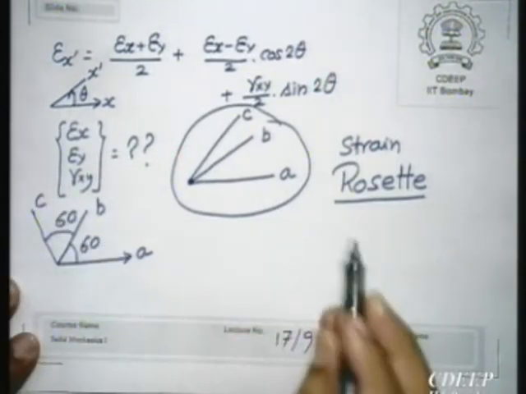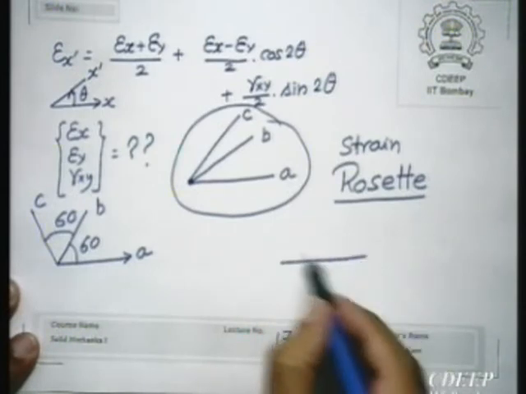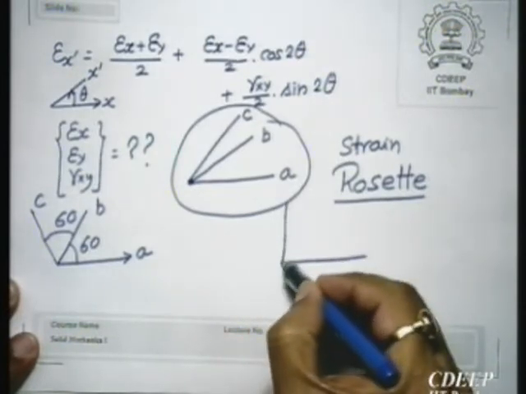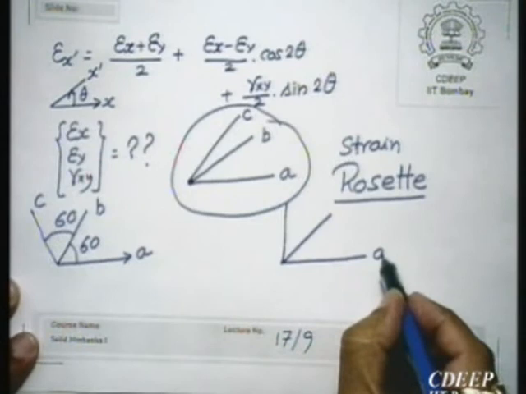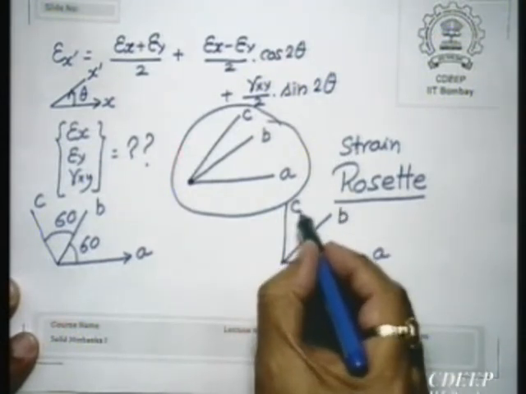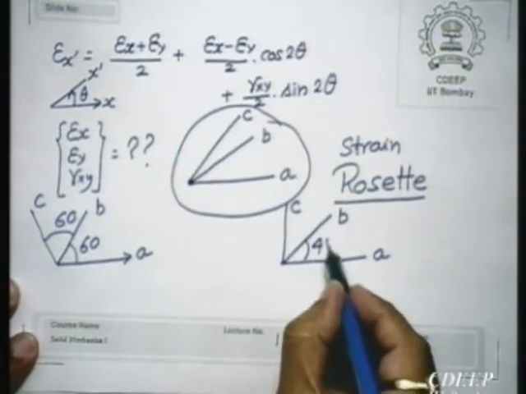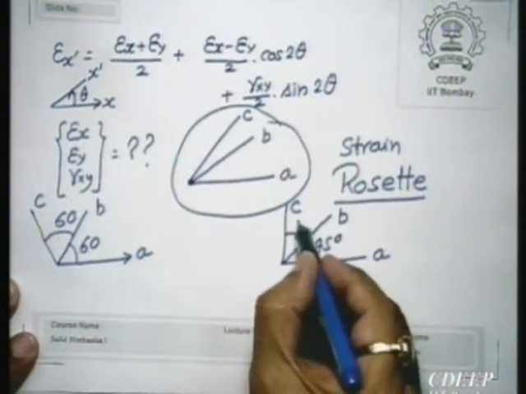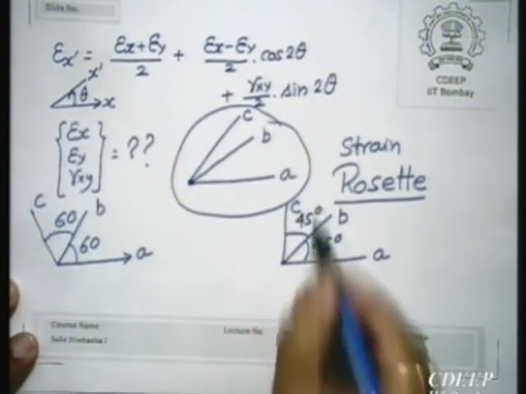Another rosette, which is most common, is 45, 45, 45. Why is it most common? It is simpler.